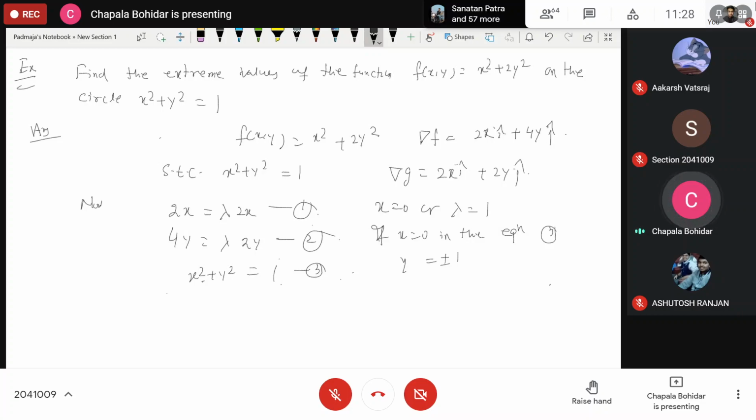So here in equation 2, lambda is equal to 1. If lambda is equal to 1, y is equal to 0.